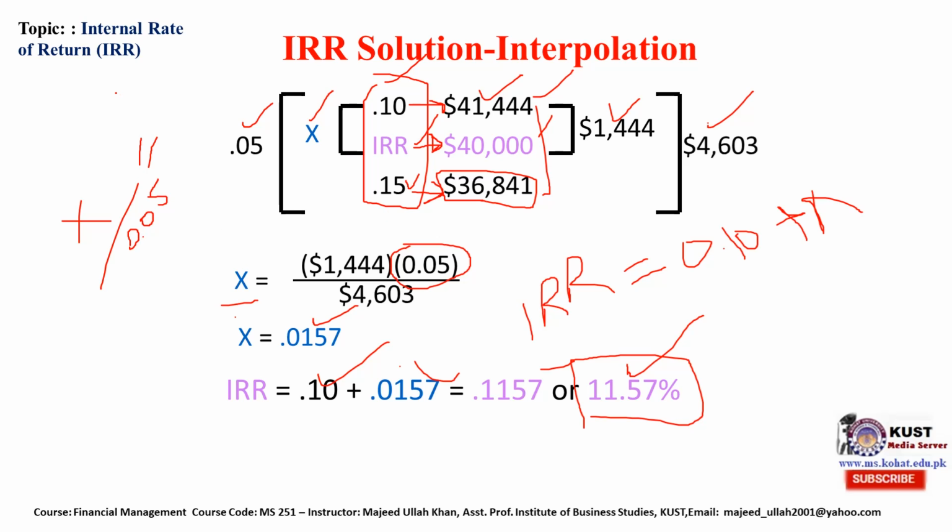So divide this 1,444 by 4,603. And finally, after solving, we will get this figure, 0.0157, which will be added to 10%, and that will give you IRR.